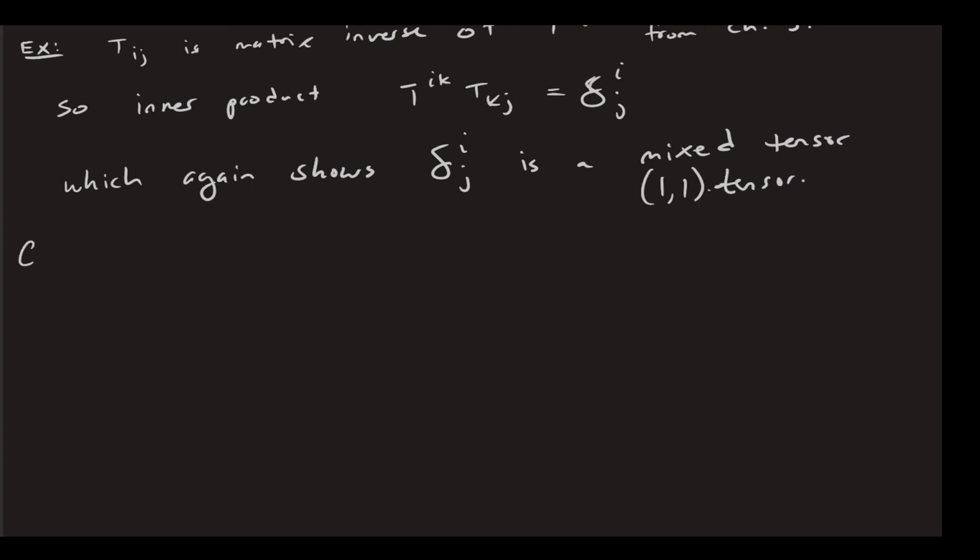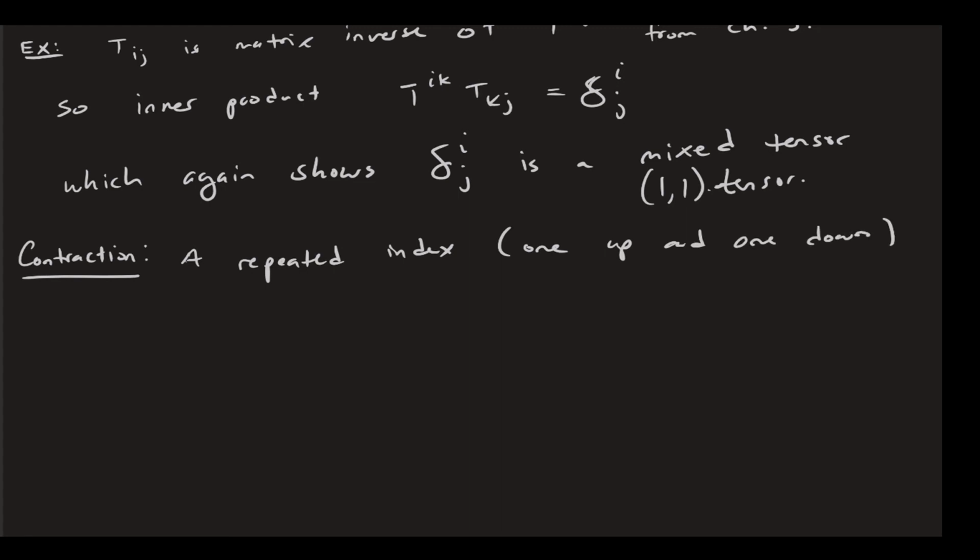So contraction is a repeated index, one up and one down, in a single tensor.